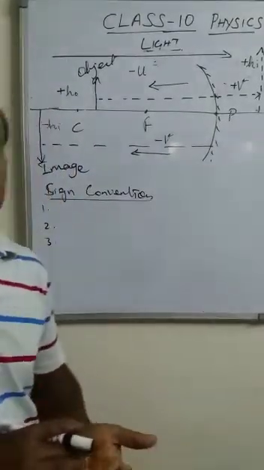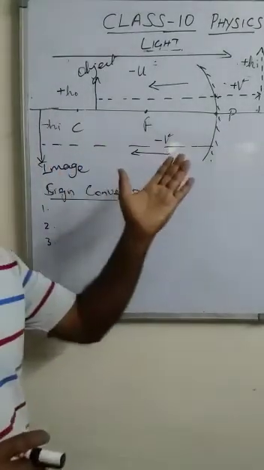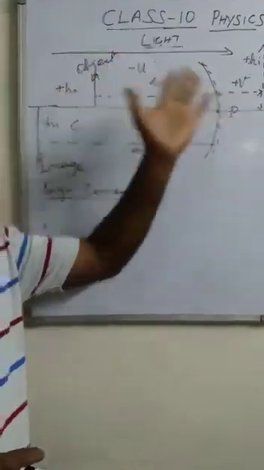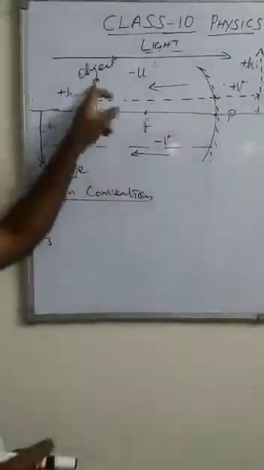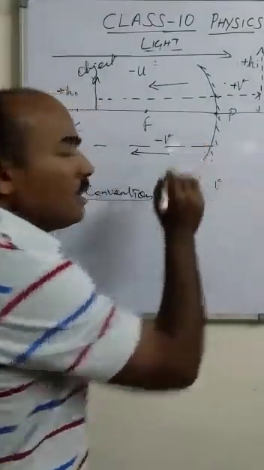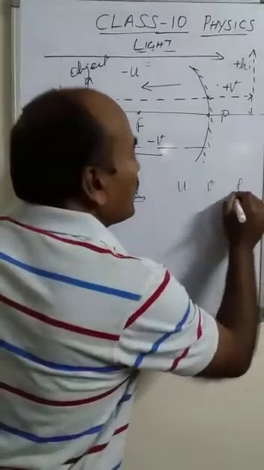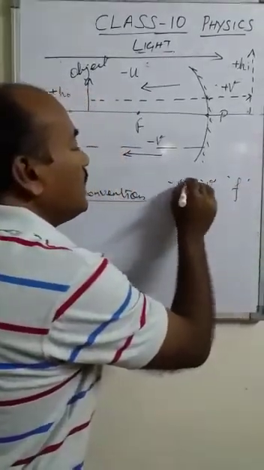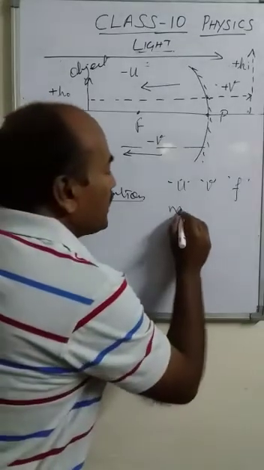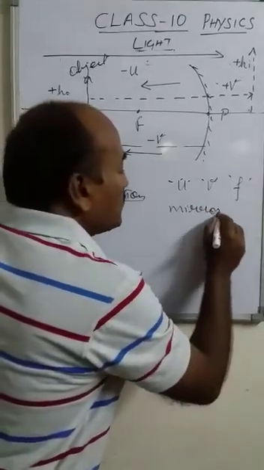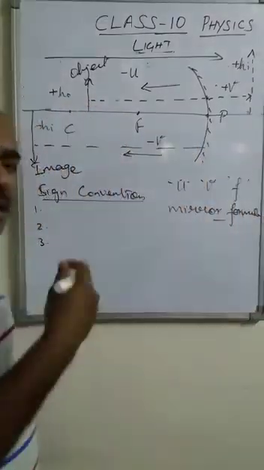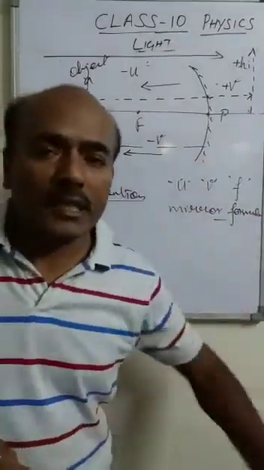That formula is going to be used to relate the object distance u, image distance v, and the focal length, relating all the three terms. That formula is known as the mirror formula. In the next session, we will discuss that mirror formula.